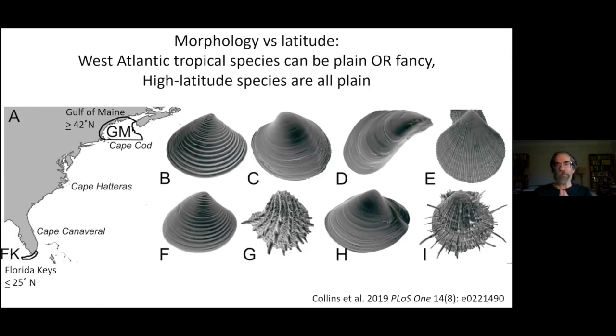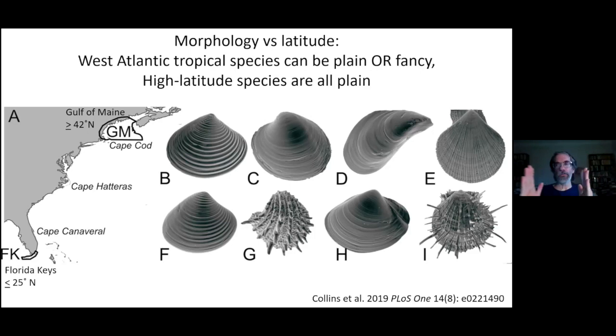But if you think about why the tropics have so many spiny shells, the general idea is that these are defenses against ferocious predators that can break into the shells and eat the animals inside. If that were true, however, you'd expect that all of the tropical shells would be very well defended and spiny and thick-shelled, and all the high latitude shells would be plain. But that's not what we see.